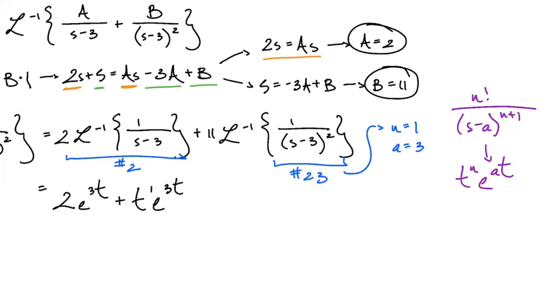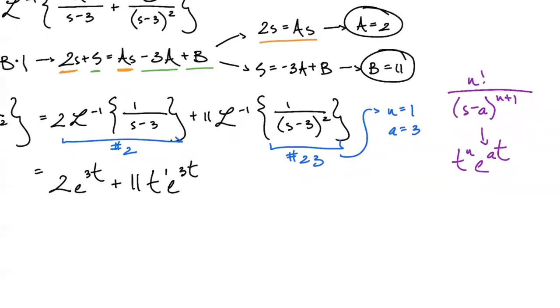And we don't want to forget that we had that 11 as our constant. So I'm going to go ahead and bump this out a little bit so I can add that 11 in the front. Now, this is line 23 on our table, right?